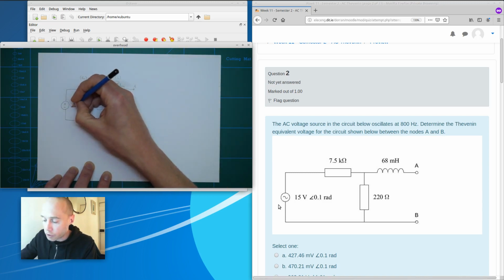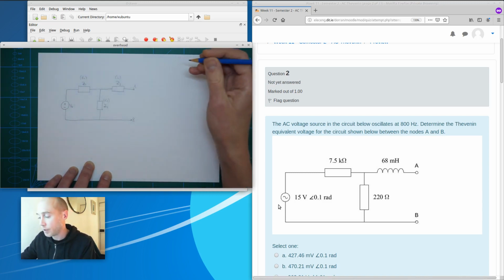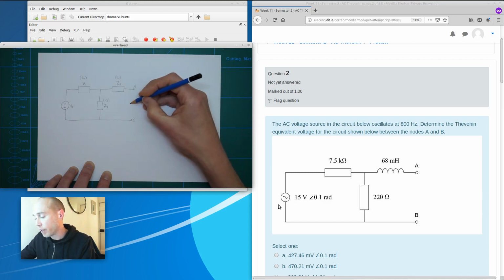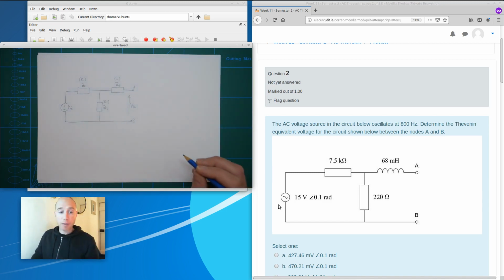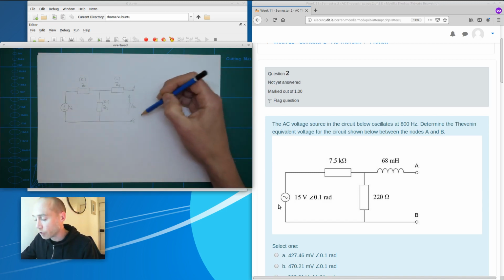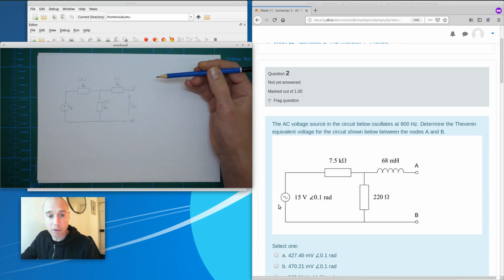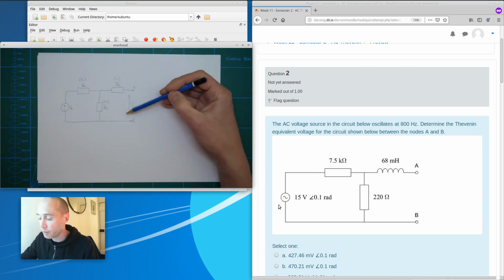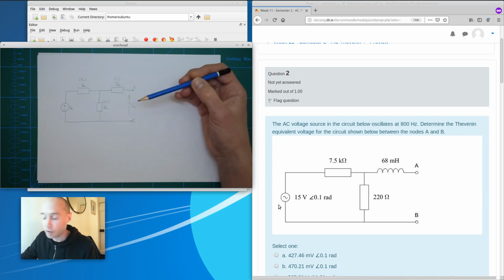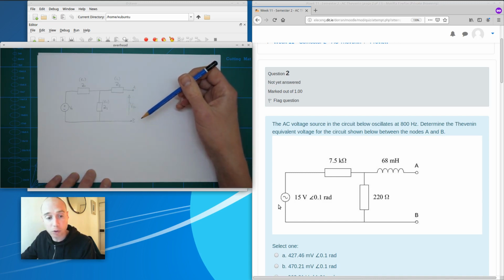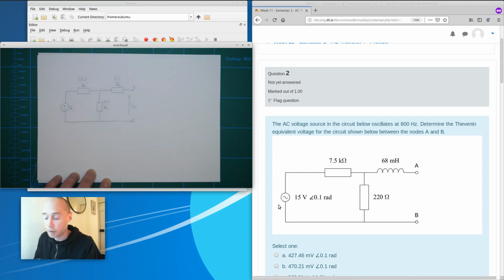And I'm going to call the voltage source Vs. And we're interested in calculating what is VTH, which is going to be this voltage here. So to get the Thevenin voltage, again, you leave the terminals A, B open circuit, and then you calculate what the voltage is between them, and that tells you what the voltage source in your Thevenin equivalent circuit is going to be.